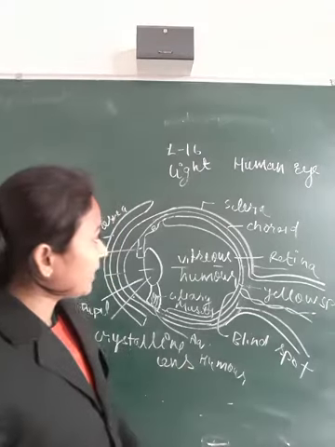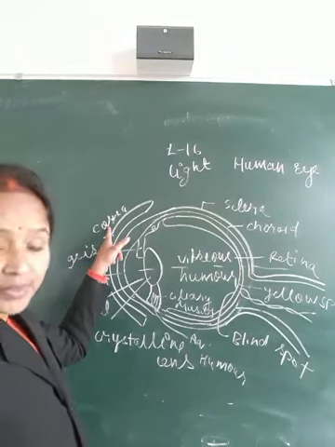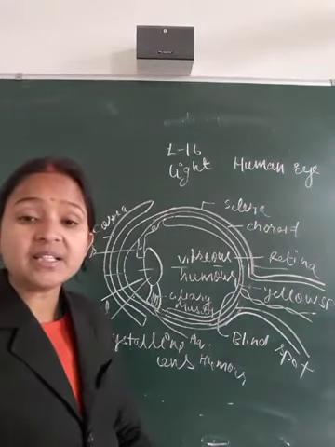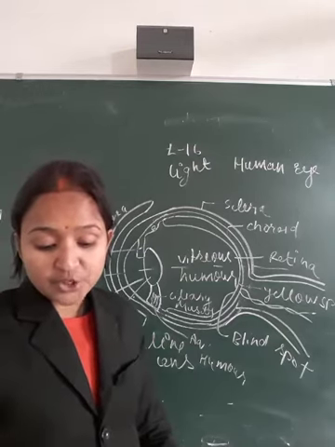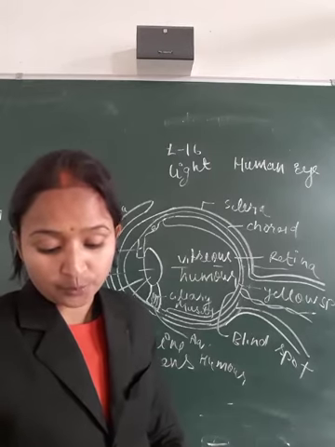Second one is the cornea. It is the front bulging part of the eye, and it is made of transparent tissue.